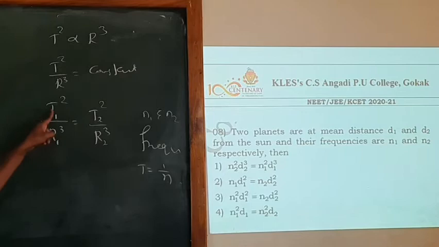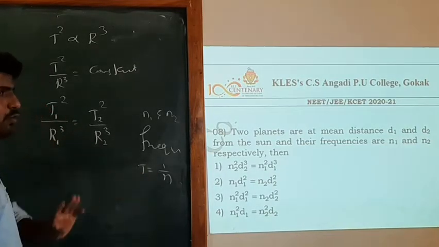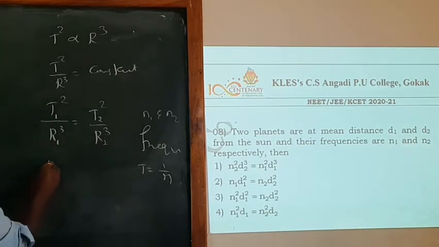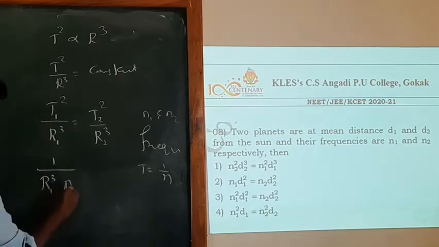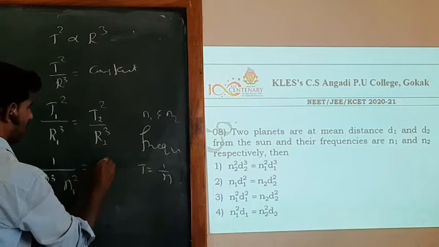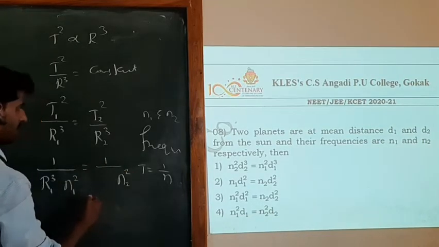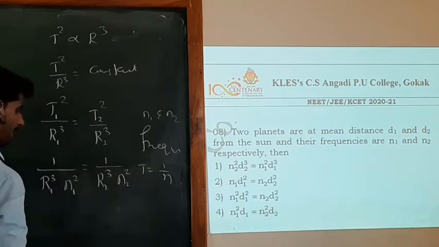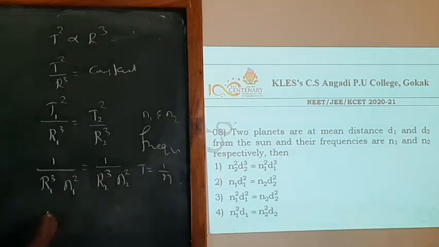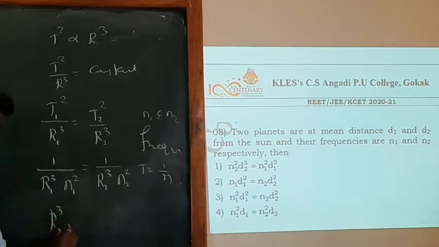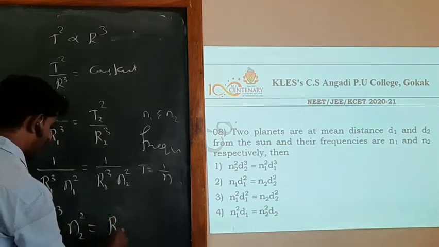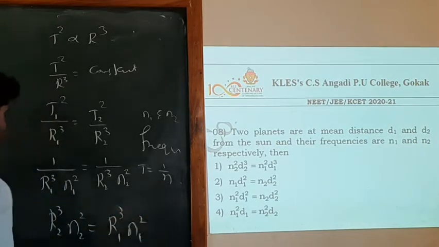So instead of writing T1, I will write 1 by n1, that will be 1 divided by n1 square over r1 cube as it is, and here instead of T2, I will write 1 by n2 and its square over r2 cube. Then cross multiplication gives r2 cube n2 square is equal to r1 cube n1 square.